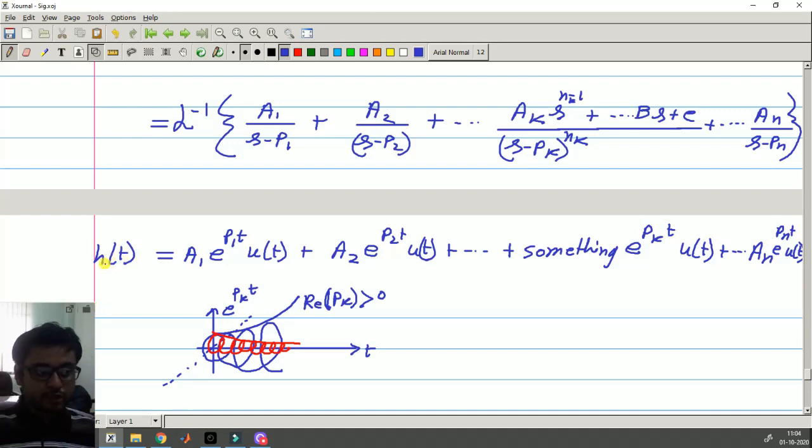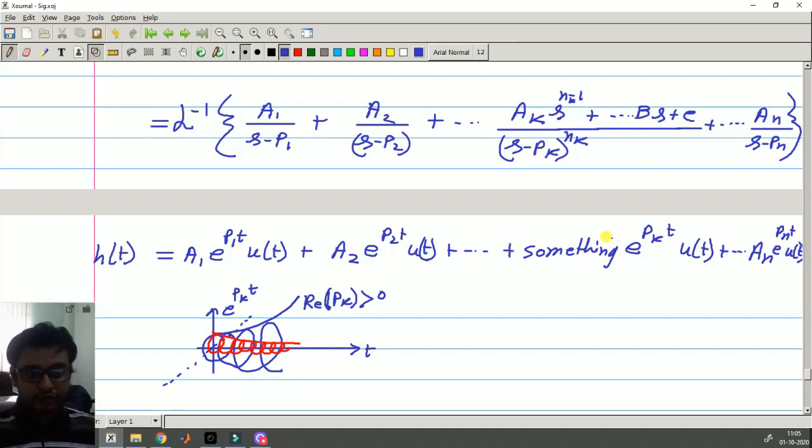Now if you want to check whether this impulse response is absolutely integrable or not, you have to take the mod of this and integrate. But you can clearly see that if all these terms are exponentially decaying, then this will be absolutely integrable, because after some time the signal will be vanishingly small, so the integration will converge.